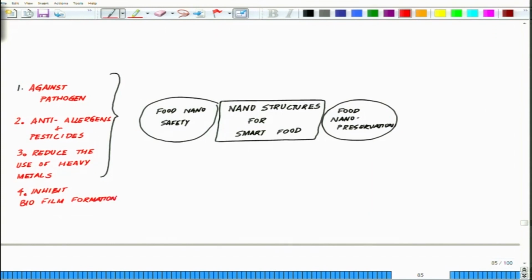So if we look on the other side in terms of food safety, and if we look at the food preservation part, the areas where the major thrusts are: one is encapsulation, second is water treatment and humidity treatment.